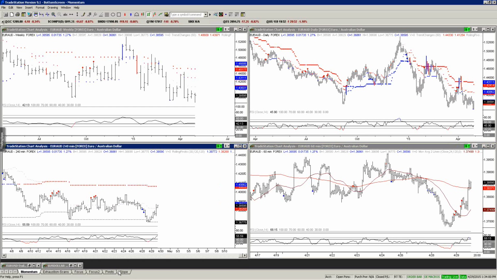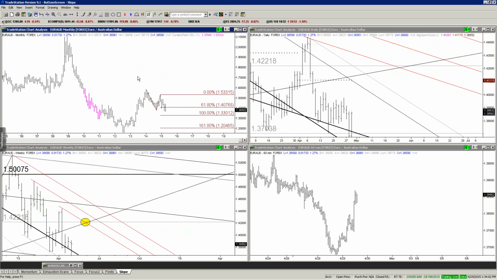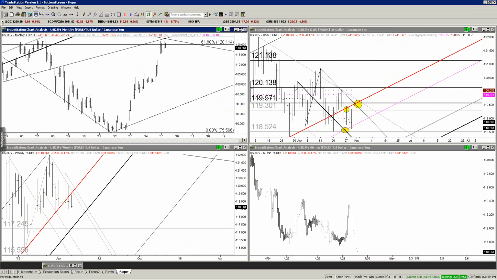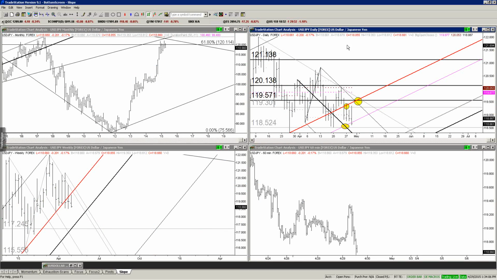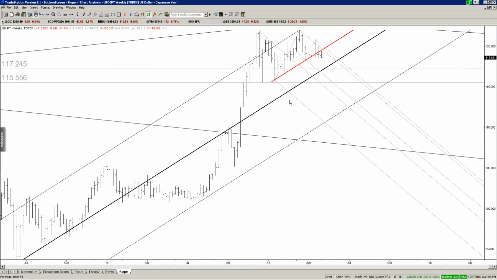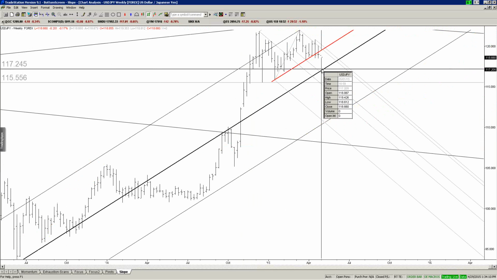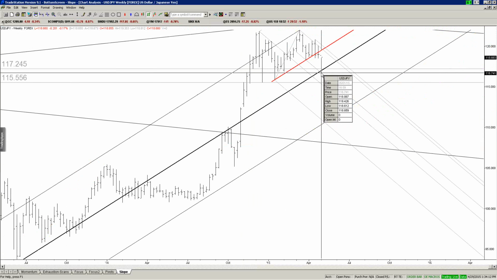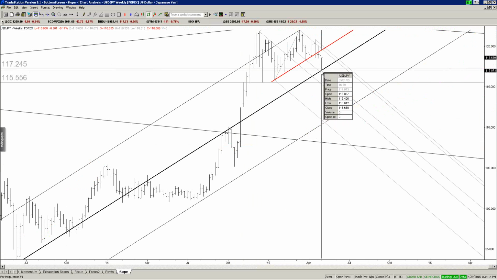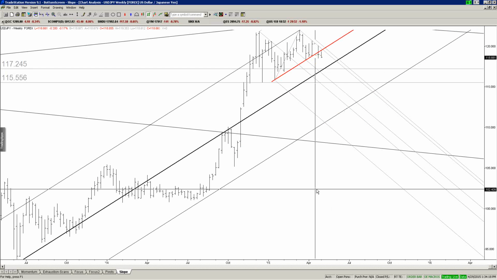Obviously, dollar yen. We're looking towards this level here, 1675 to 1725 this week, 1690.